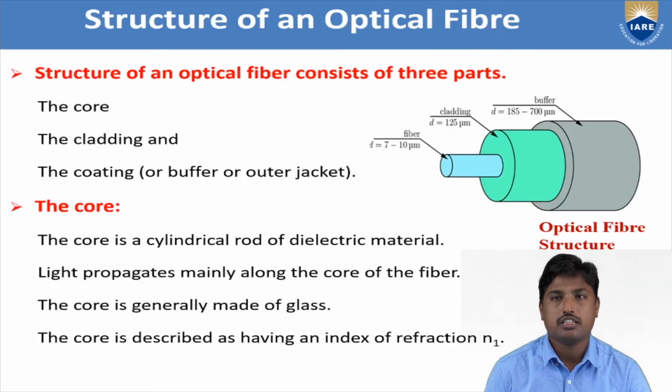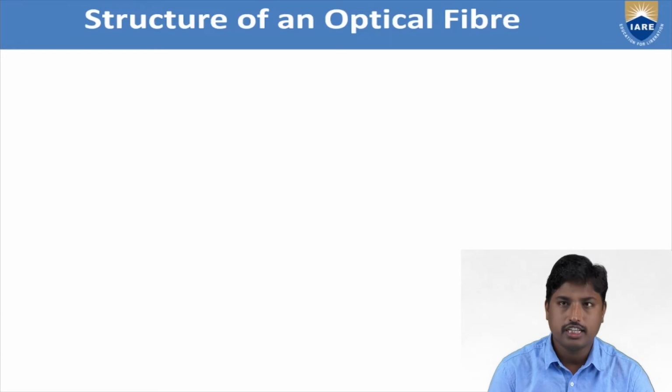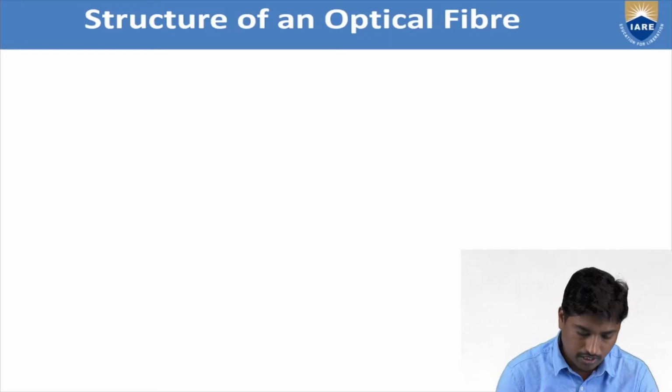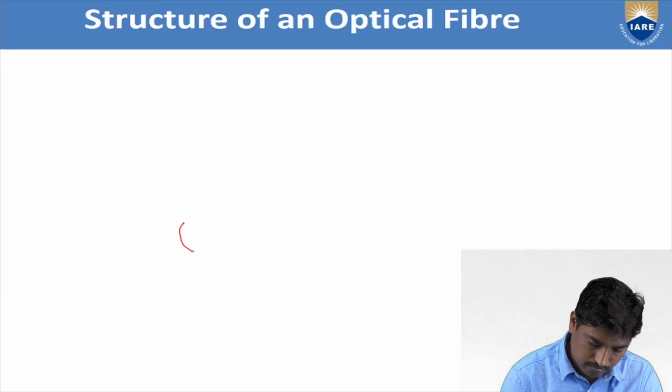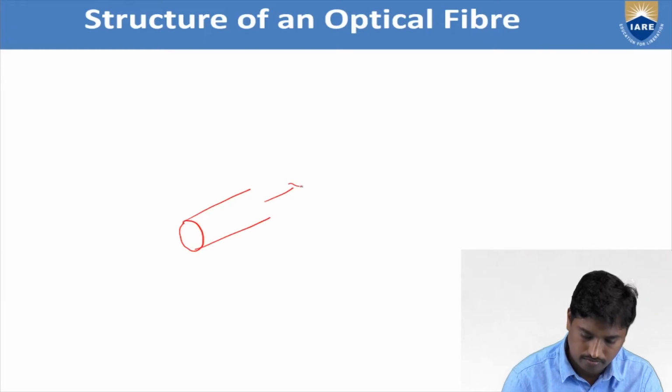Now coming to the structure of an optical fiber. It has three sections mainly. At the center, we have the core material.